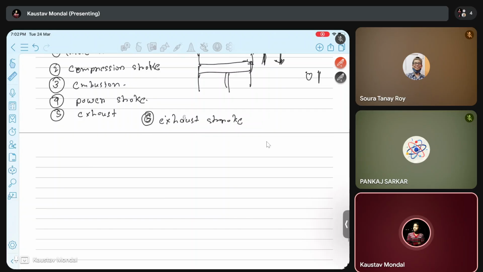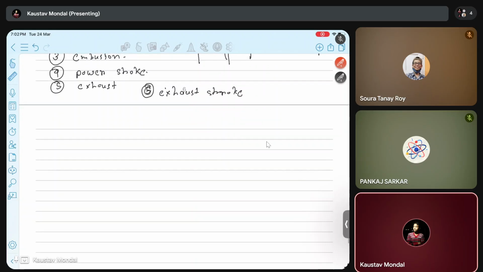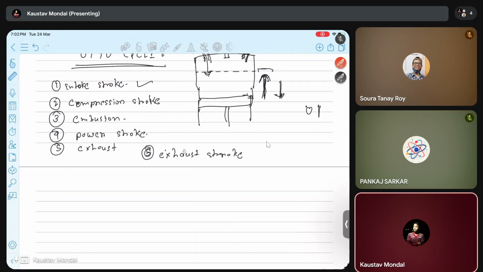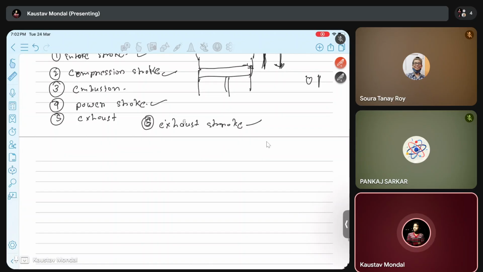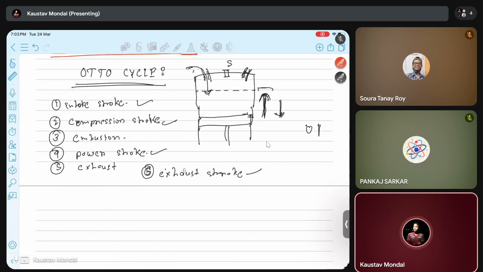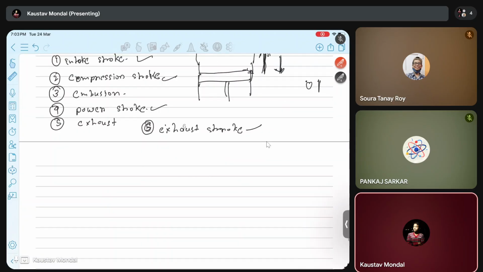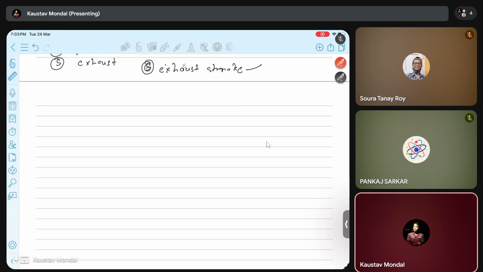During all of these processes, the intake stroke, compression stroke, power stroke, exhaust stroke, different thermodynamic processes are involved during this operation.